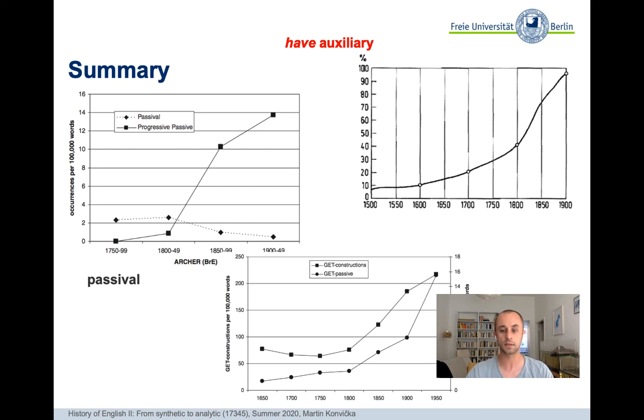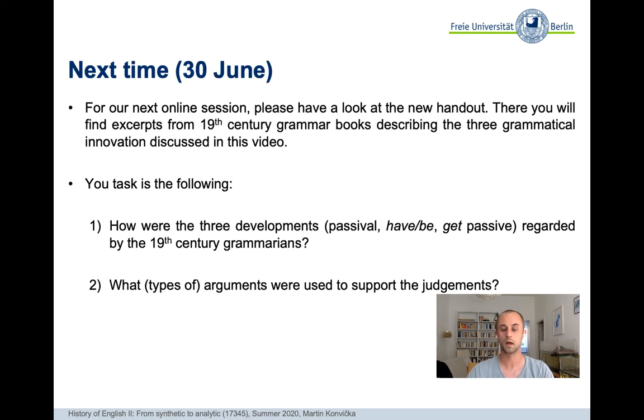And ultimately, we also see a rise of the so-called get passive, get as an auxiliary. Bearing in mind that these three developments happened around the same time, next time during our online session, we are going to have a look at the meta-discourse about these changes.